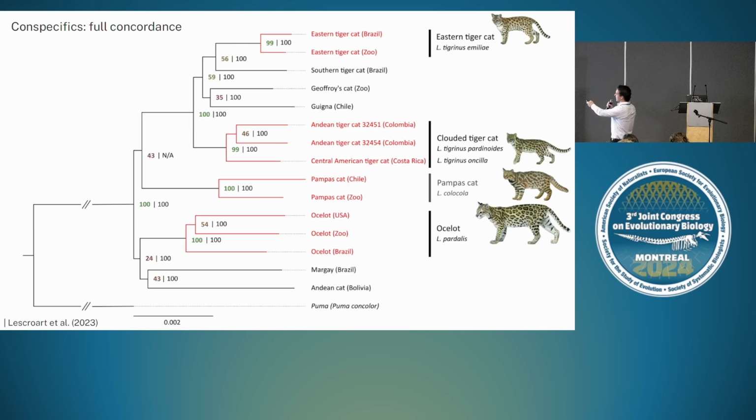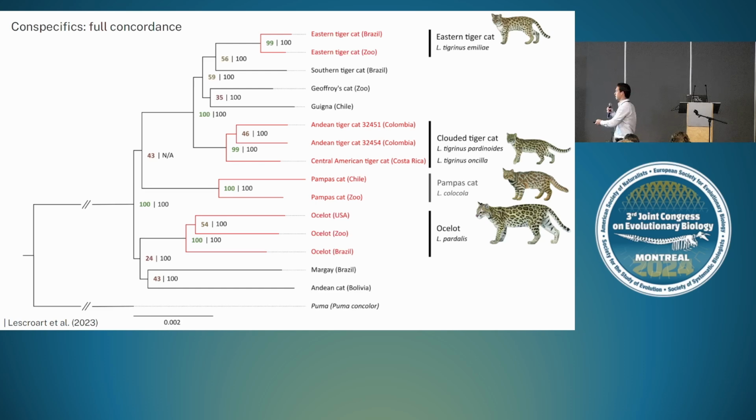Right, and then we have a bunch of other nodes with low concordance, and there the assumption is that by default we would blame incomplete lineage sorting, and then we do introgression tests to see if introgression also contributes to the low concordance.